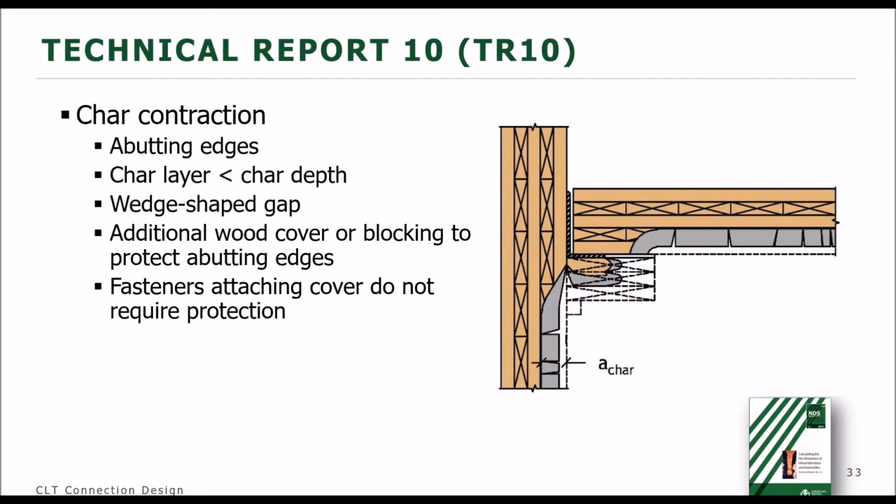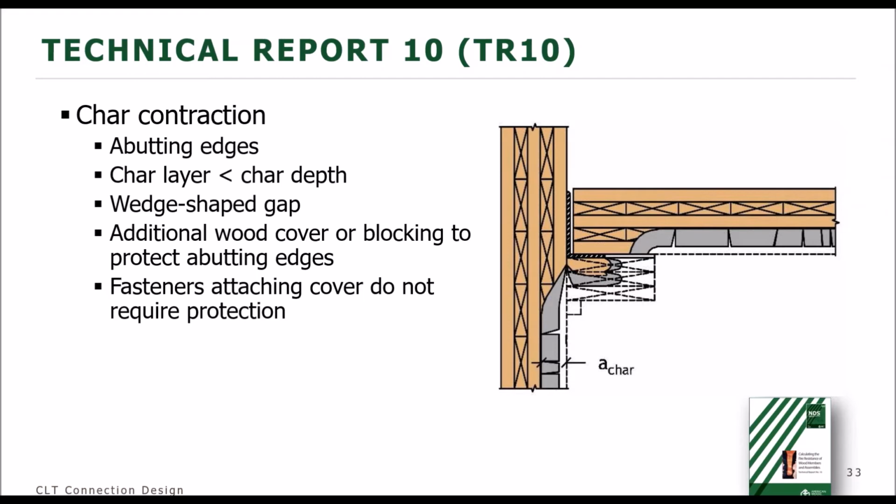This phenomenon results in the formation of a wedge-shaped gap, and that can propagate along the interface between the two wood members. You can see that wedge-shaped gap forming at the bottom of this connection in this illustration. The ignition would then extend into the gap some distance.